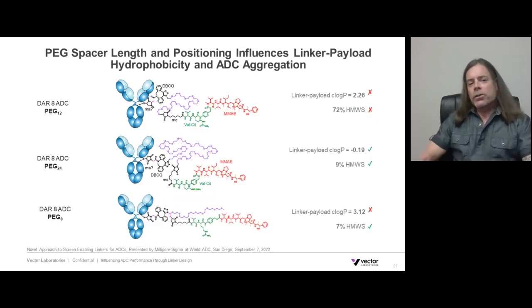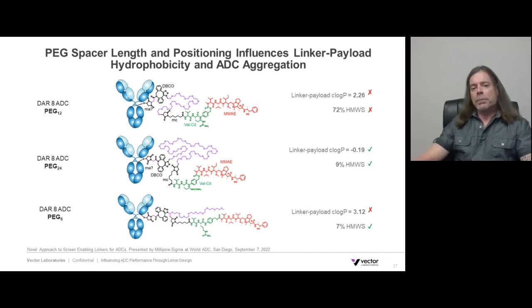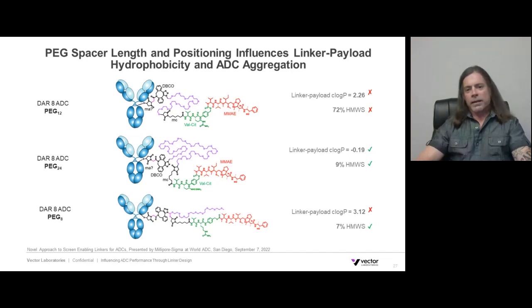These examples here show a similar thing with the popular MC Val-Cit MMAE linker payload. This is also known as vedotin. Dr. Jackson showed us some examples of this and mentioned it's problematic above a DAR4, and these examples kind of support that. The example on the top is the MC Val-Cit MMAE linker payload.